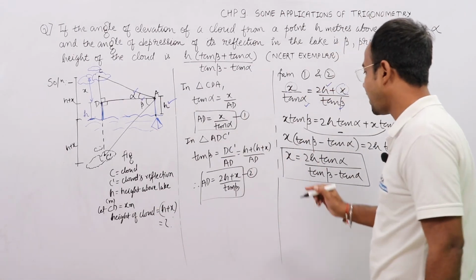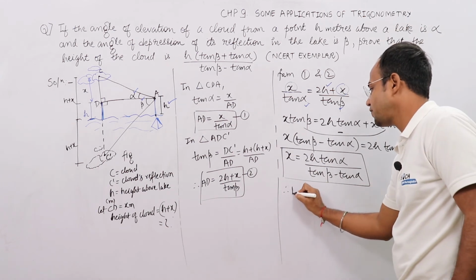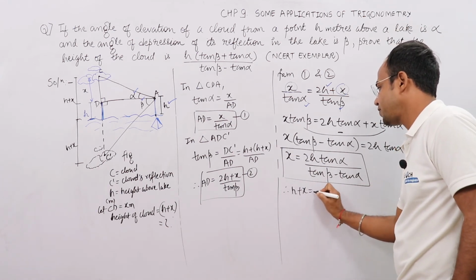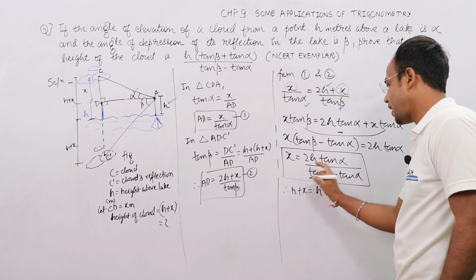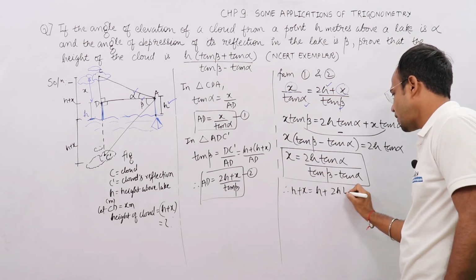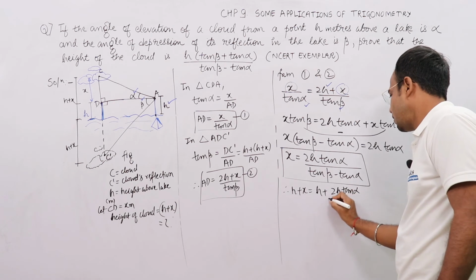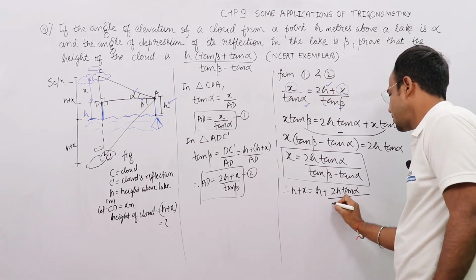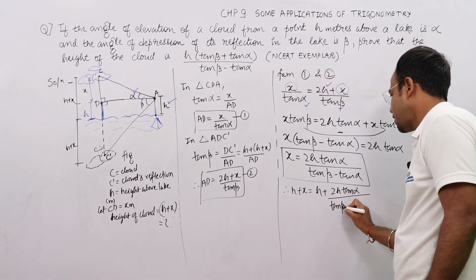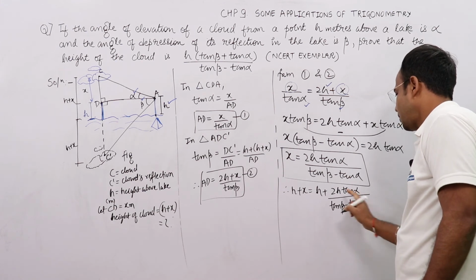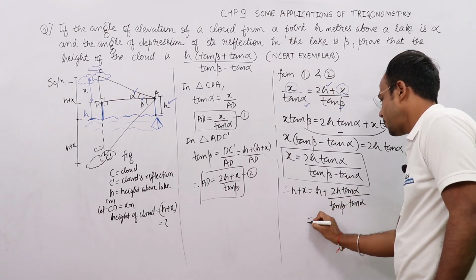But finally what we have to find is h plus x. Therefore the height of the cloud will be h plus x. h will remain h, but x will be this big thing, that is 2h tan alpha whole upon tan beta minus tan alpha. Now what is common out here? h is common.